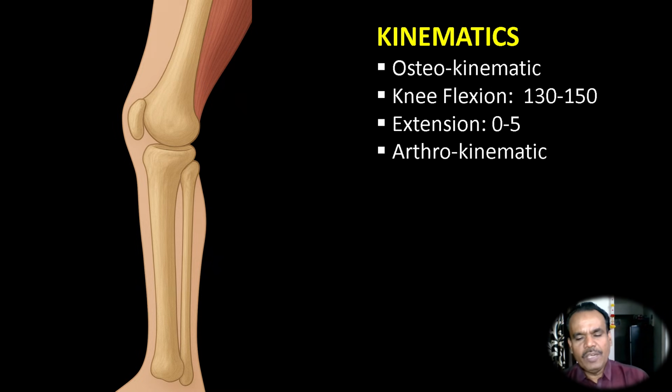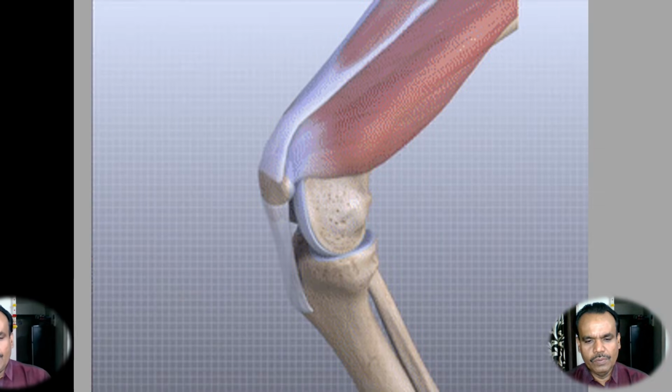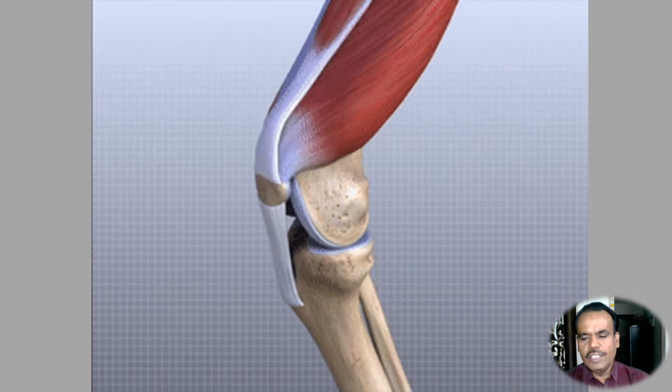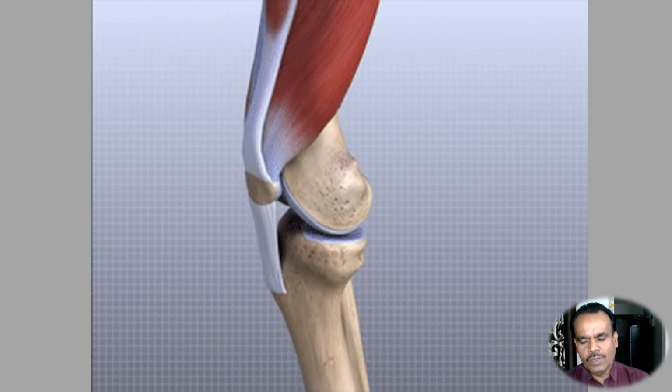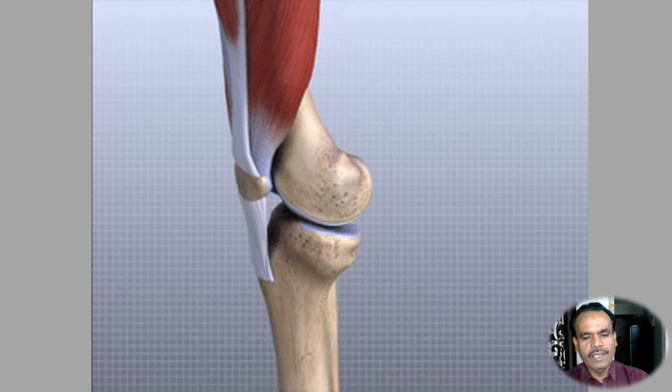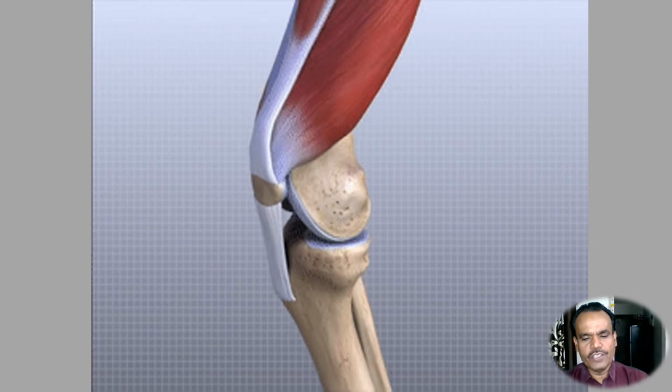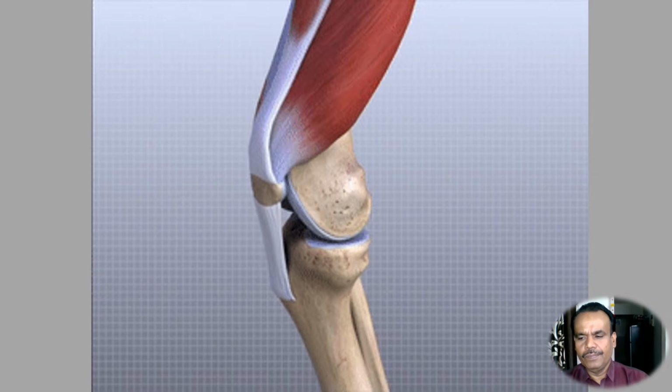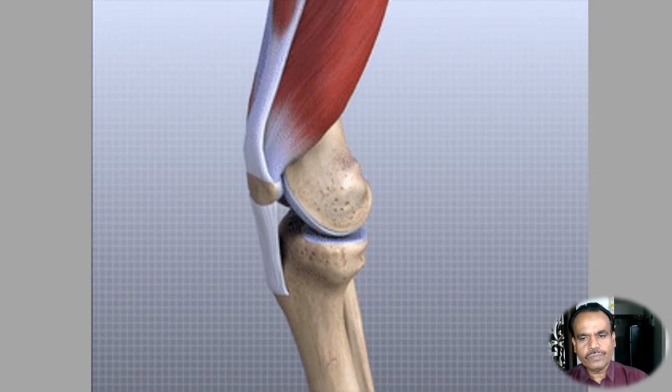From the arthrokinematic point of view, at the knee joint, we also get movements in the form of roll, slide, and spin. Let's call it RSS, where R stands for roll, S for slide, and S for spin.